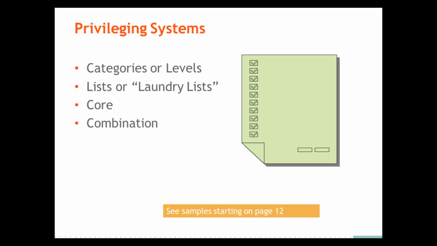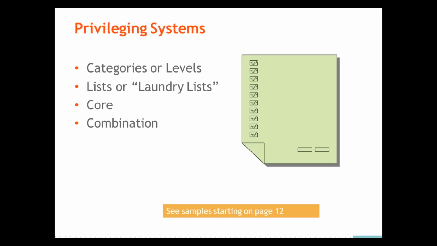There are a number of different ways of documenting privileges. Privileging systems are all over the board. You can do it by categories or levels, where you group procedures in categories based upon the skill level it takes to complete those procedures. You can have laundry lists, which are just checklists where you check off each individual procedure.